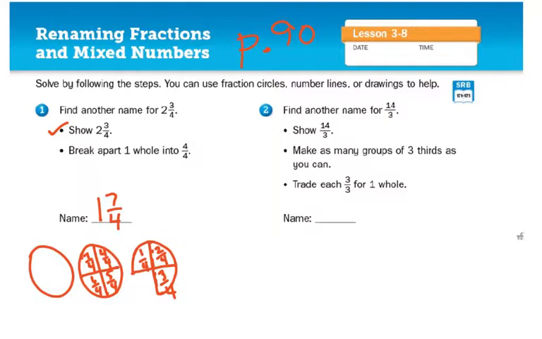Number 2 says find another name for 14 thirds. Show 14 thirds. Make as many groups of 3/3 as you can. Trade each 3/3 for a whole. So I need 14 of them.